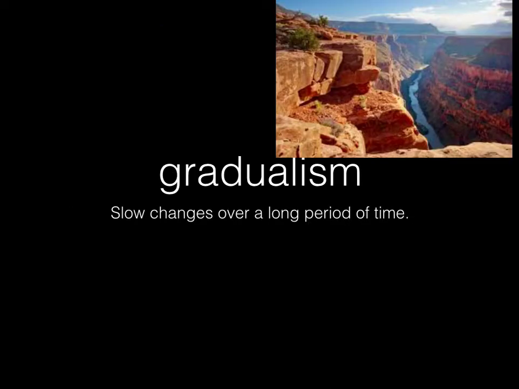Gradualism, this is a slow change over a long period of time. When we're talking about gradualism, we're talking about erosion and rock formation, and just these processes that are occurring over a very, very long period of time.